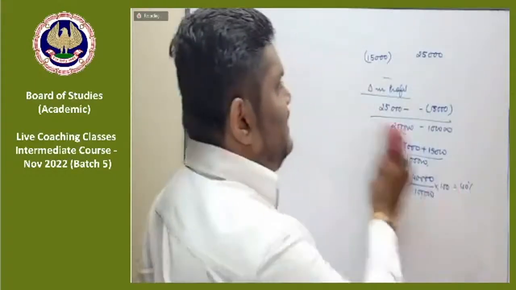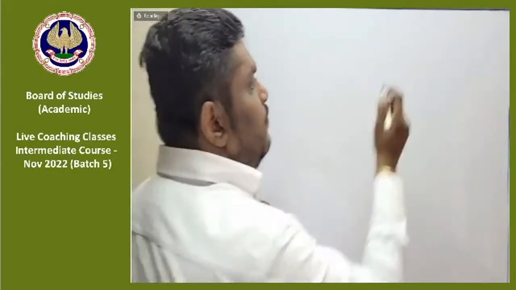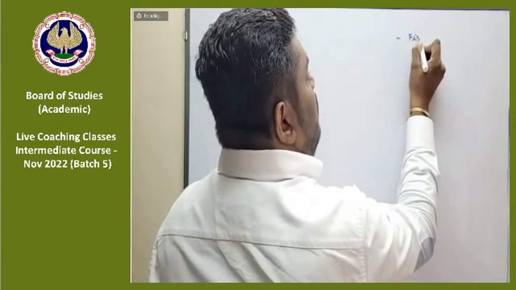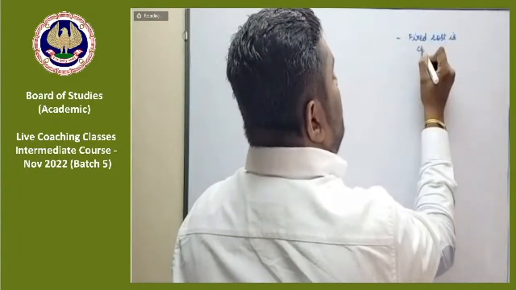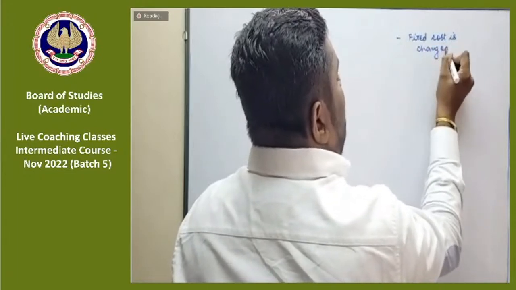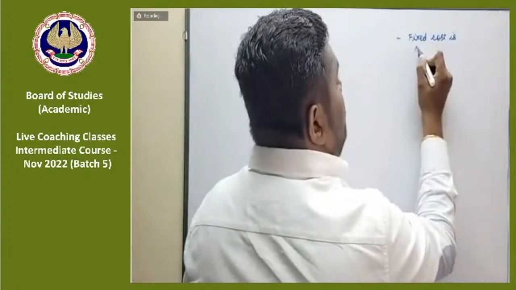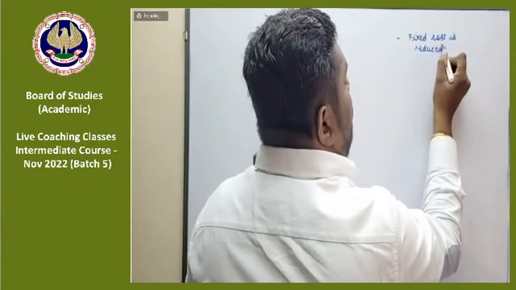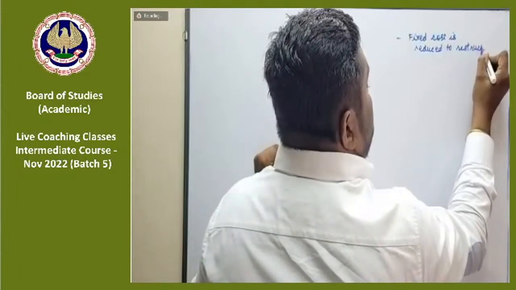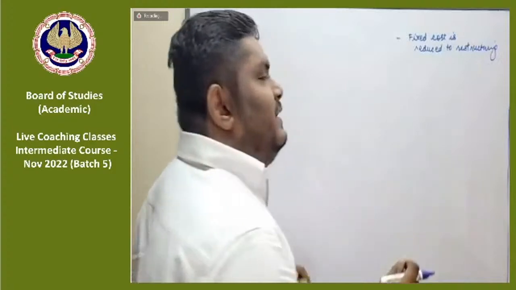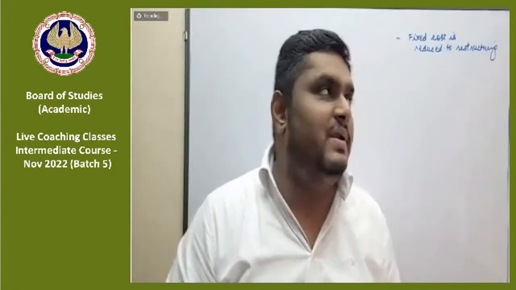So 3 points, guys. Fixed cost is reduced due to restructuring. What is this restructuring? Your accounts professor has already discussed it in amalgamation.